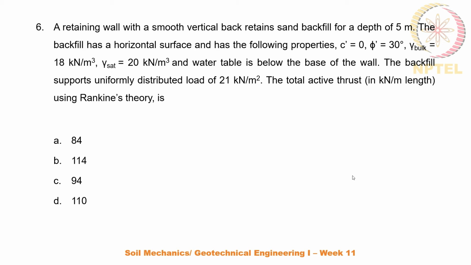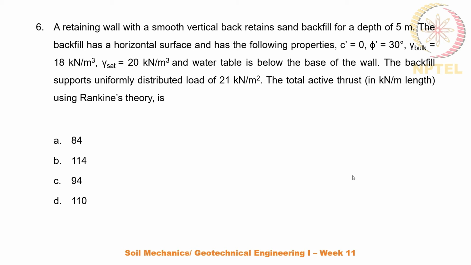The backfill supports uniformly distributed load of 21 kilonewton per meter square. The total active thrust using Rankine's theory is. So, here also the retaining wall is supporting a sandy soil backfill with the water table in this situation below the base of the wall, and a surcharge of 21 kilonewton per meter square is acting on the backfill.